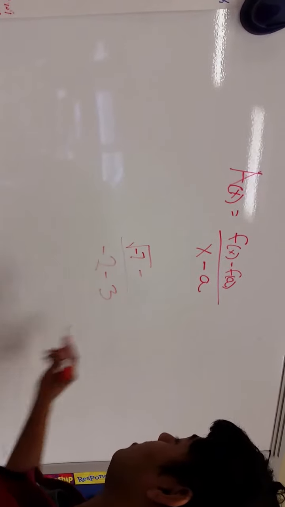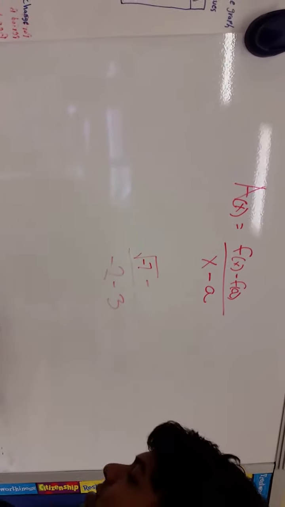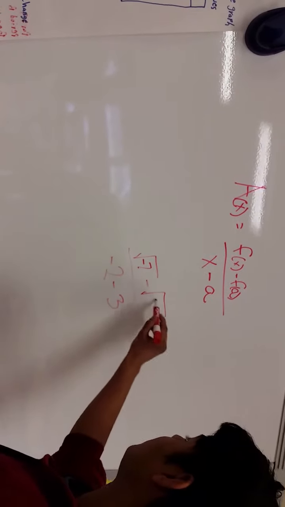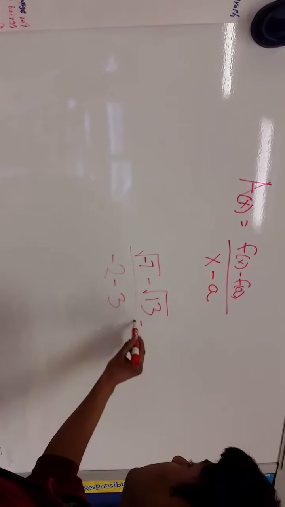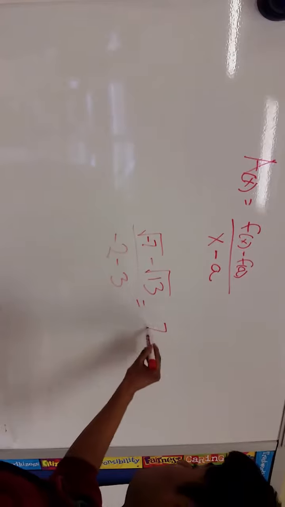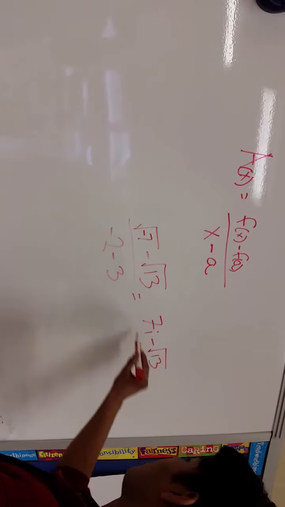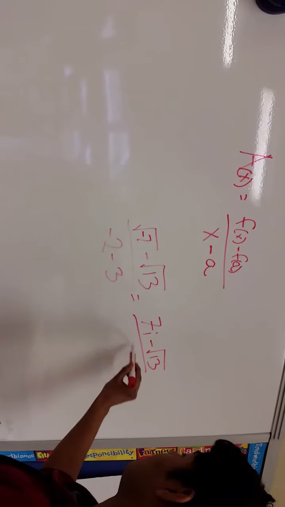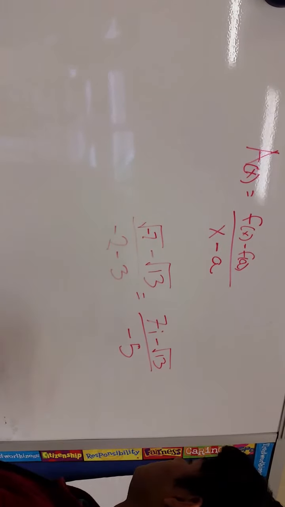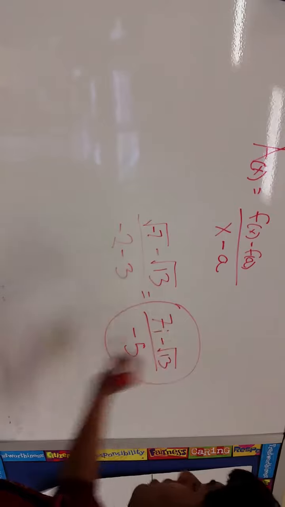If you plug in a 3, you get the square root of 13. This simplifies to 7i minus the square root of 13 over negative 5. And that's our answer.